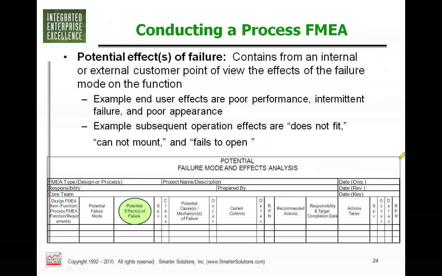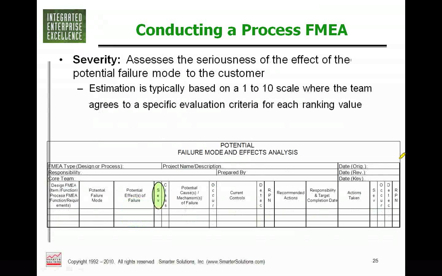So we're looking at, again, the example end user effects for the poor performance, could be intermittent, or the poor appearance. Okay, now the severity of that, we typically look at that on a scale of 1 to 10. Now we need to have an agreement before we start on what is a number 1 item and a number 10 item.